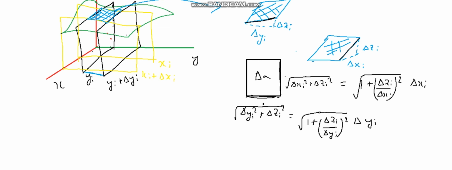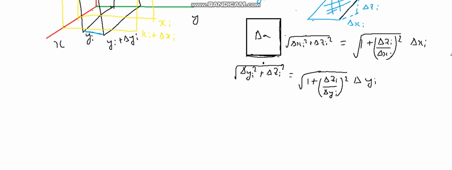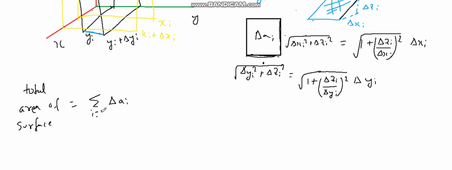It may trigger confusion. So let's not do that. So the total area of the surface is the summation of these individual areas. Okay, this is delta Ai, i equal to, let's say, 1 to n.